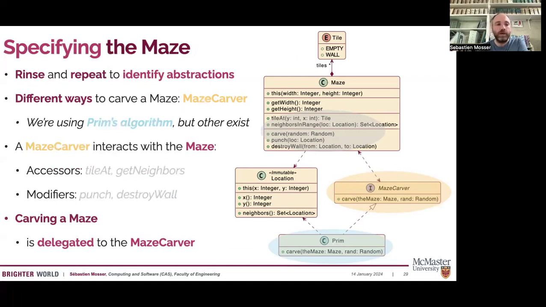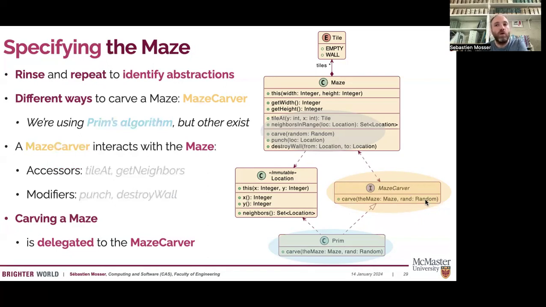What's interesting here is that there are different ways of carving a maze. So if I want to protect myself from that, I'm going to create an abstraction shield, which is a maze carver, because I don't want to be tied to a given way of implementing. So a maze carver just tells you, okay, you can carve a given maze with a given random generator.